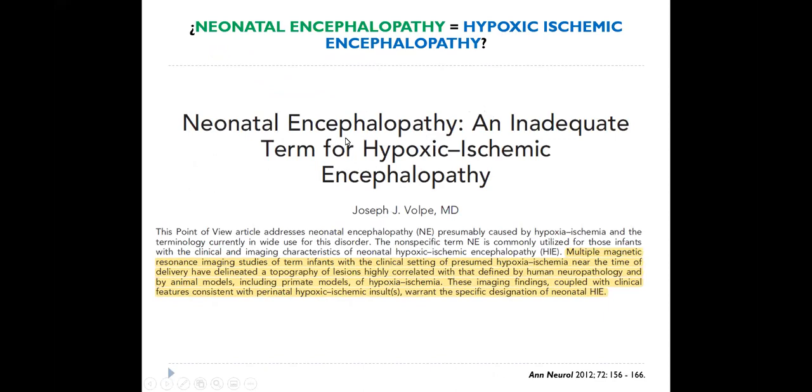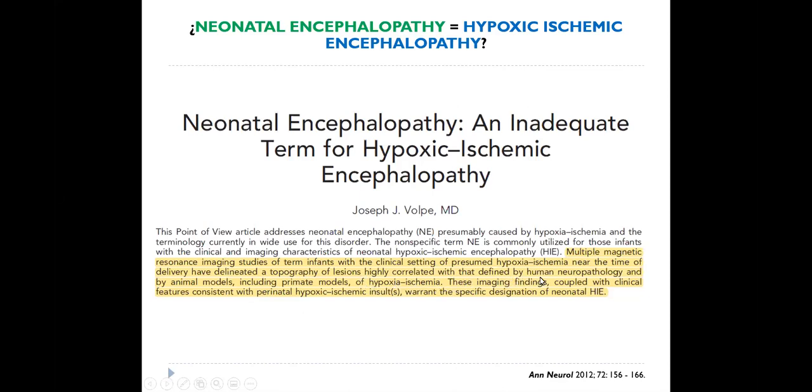I think that neonatal encephalopathy is an inadequate term for hypoxic ischemic encephalopathy because multiple magnetic resonance imaging studies of term infants with the clinical setting of presumed hypoxic ischemia near the time of delivery have delineated a topography of lesions highly correlated with that defined by human neuropathology and by animal models, including primate models of hypoxic ischemia.